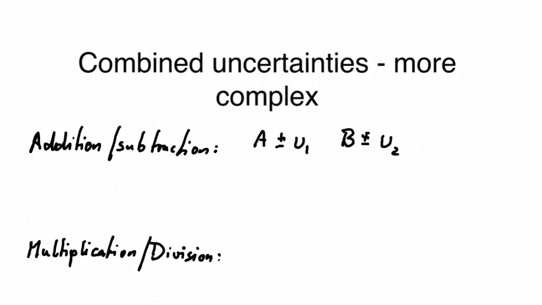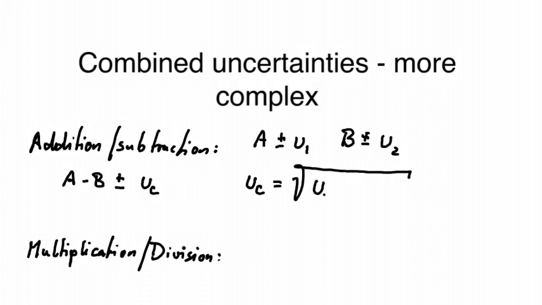When we want to add or subtract them, let's subtract them, we would get A minus B, so that's the measurand, plus minus the combined uncertainty, and the combined uncertainty would be given as the square root of U1 squared plus U2 squared, and in this case both our uncertainties would be the absolute uncertainties.